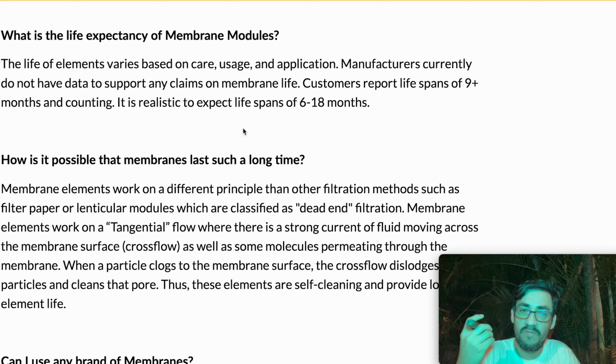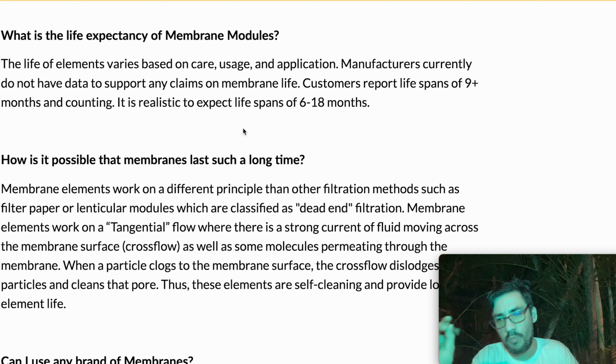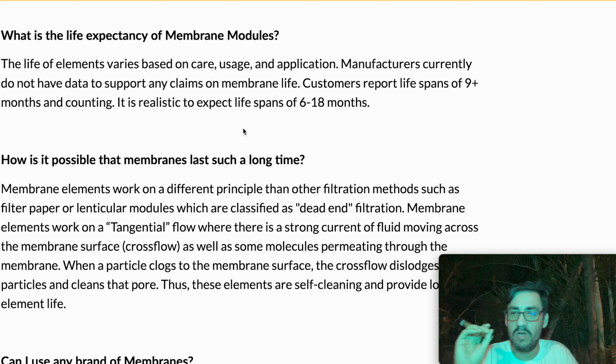There's a big difference in how they work, because with a lenticular filter, the garbage, the wax, all those particles accumulate on the filter, and so there's only so much that you can use them. Membranes are so different because you have one pipe coming in and two pipes coming out. You have your permeate and your concentrate.